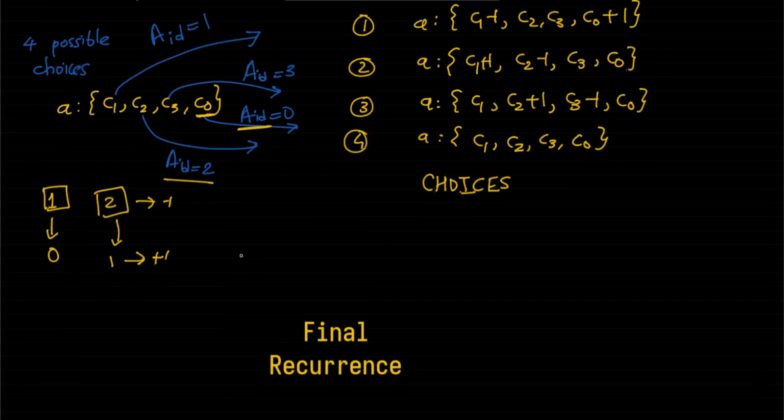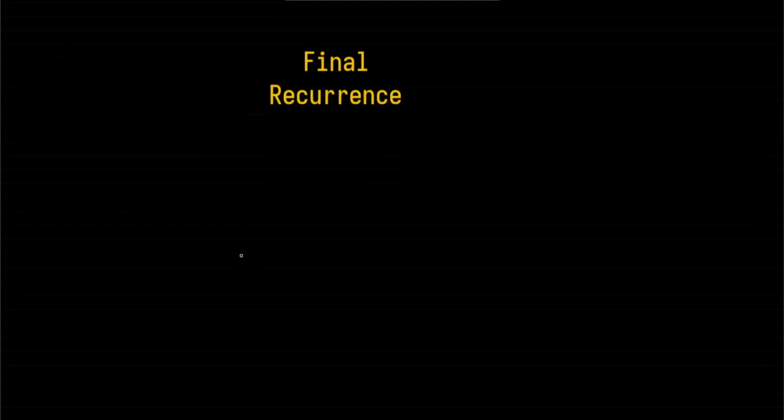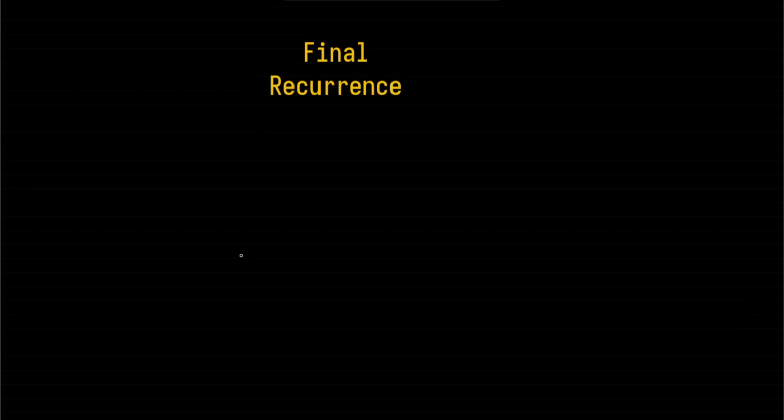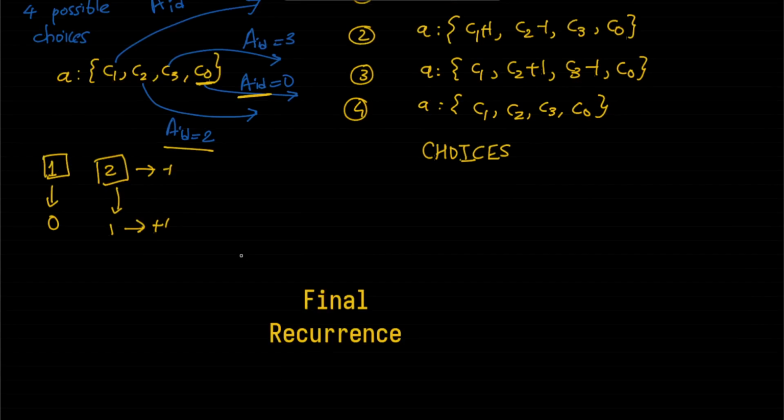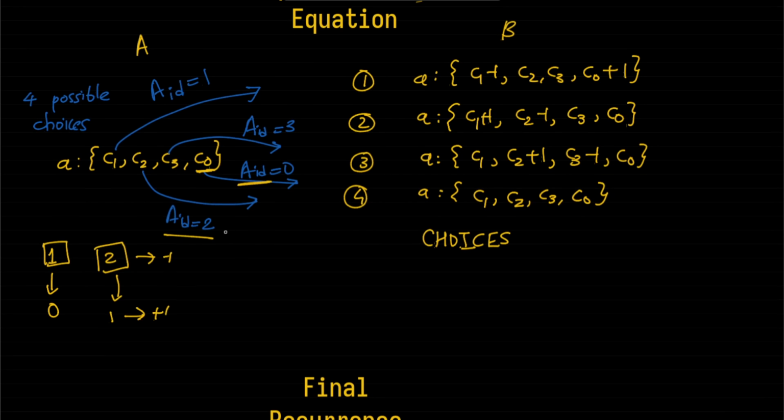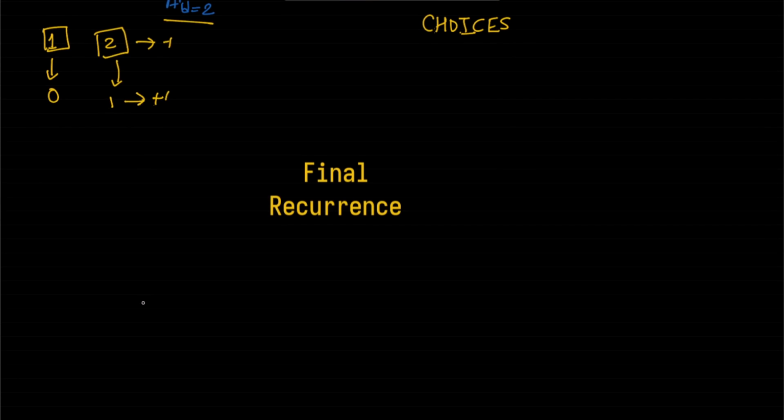So let's try to figure out the recurrence relation for expected value. Now, as I mentioned, C0 can be computed on the fly, so I am not going to consider this as a state of recursion.